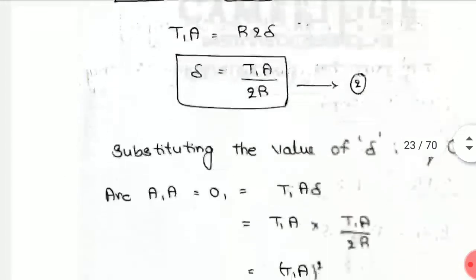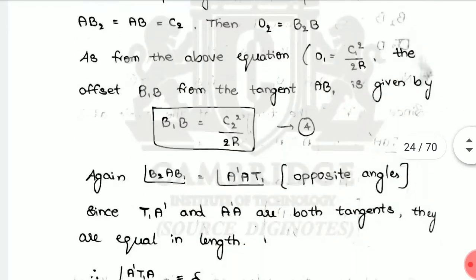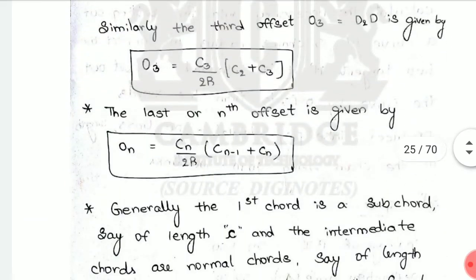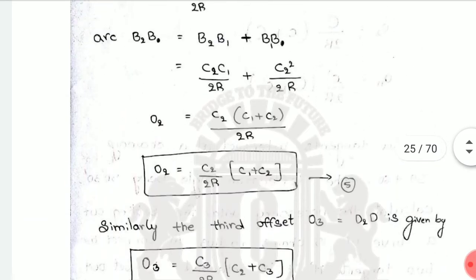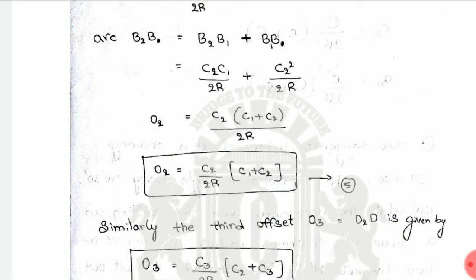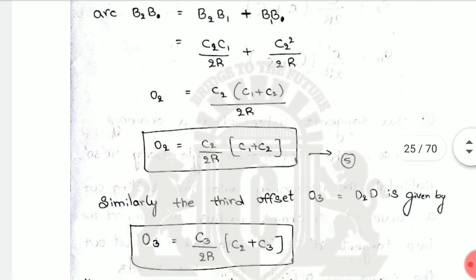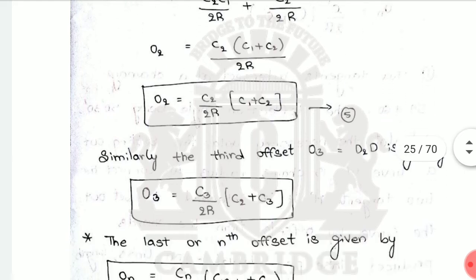I have calculated the values of BB1 and B1B2, so substituting, O2 is equal to small c2 into the bracket c1 plus c2, by 2R.